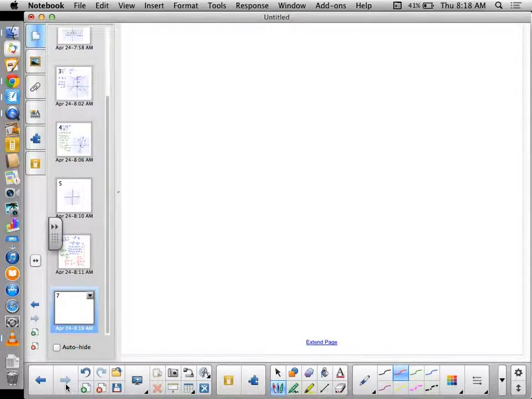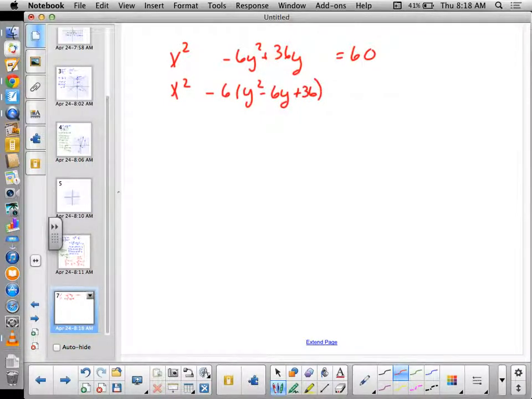And then we'll return your other quizzes to you. But the equation was x squared minus 6y squared plus 36y equals 60. So if I want to get that in a form I can work with, this is x squared minus 6 (y squared minus 6y plus 9), equals 60, plus 36, sorry, there's my mistake, working too fast.